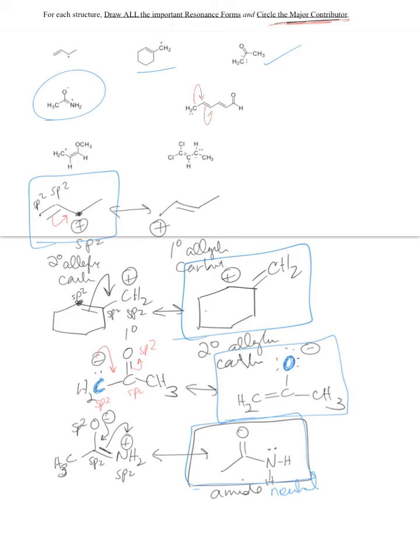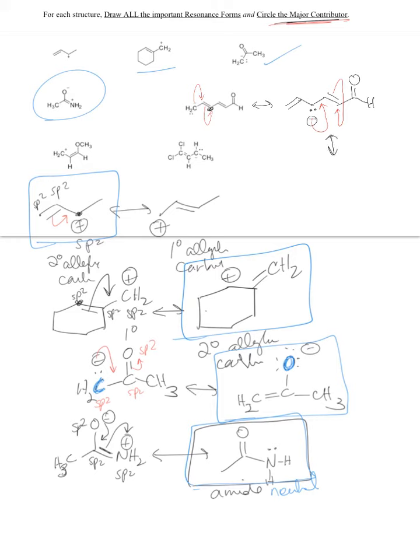So what you end up getting is, let's draw your resonance. You draw one of these at a time. So now you got the negative charge there, and you just redraw everything. This is an aldehyde. And then those electrons will go here to make a double bond, and the double bond will go right there to make a carbanion.